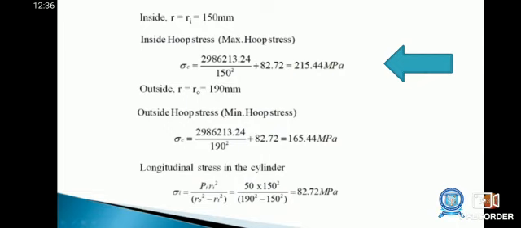Pi is 50 into Ri square 150 square, divided by outer radius square minus inner radius square, 190 square minus 150 square. Simplifying those values, we got the longitudinal stress, 82.72 megapascal.